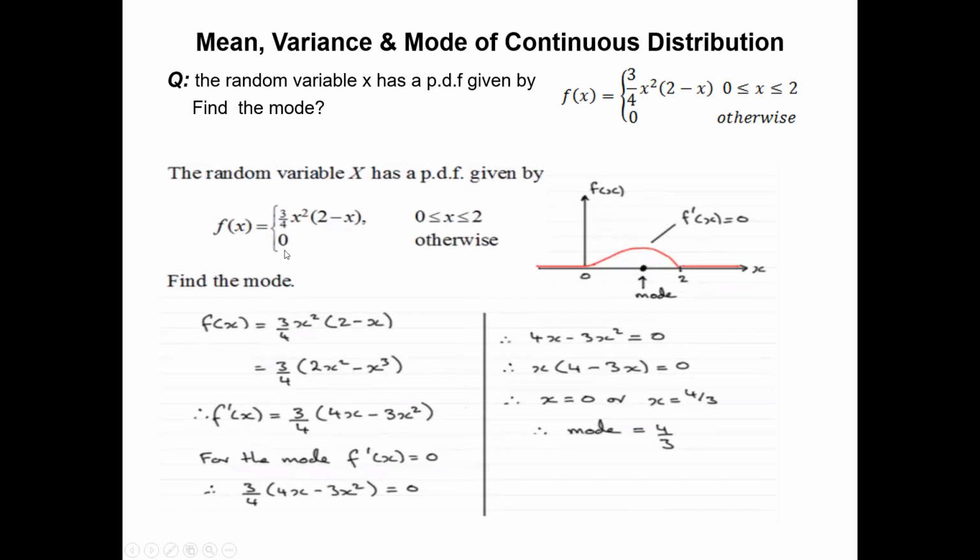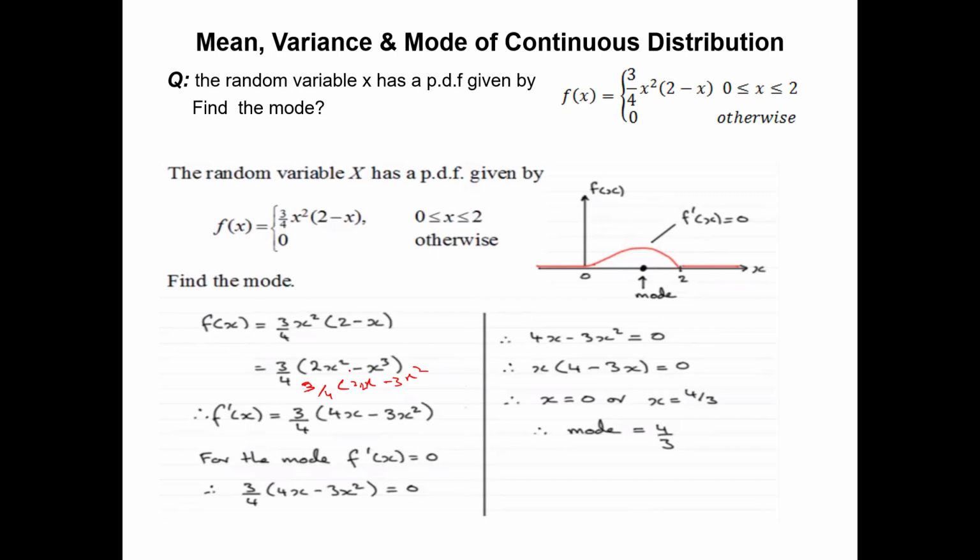So f of x is 3 by 4 x square (2 minus x). If you want to simplify it, it is 3 by 4 (2x square minus x cube). Now we take the first derivative: 3 by 4 (4x minus 3x square).